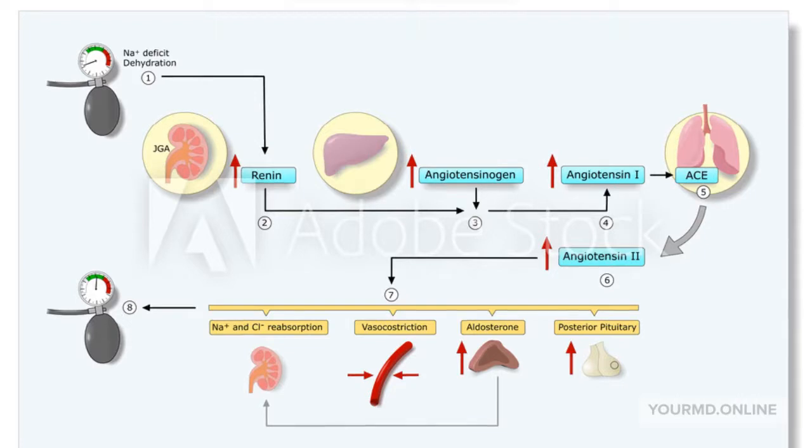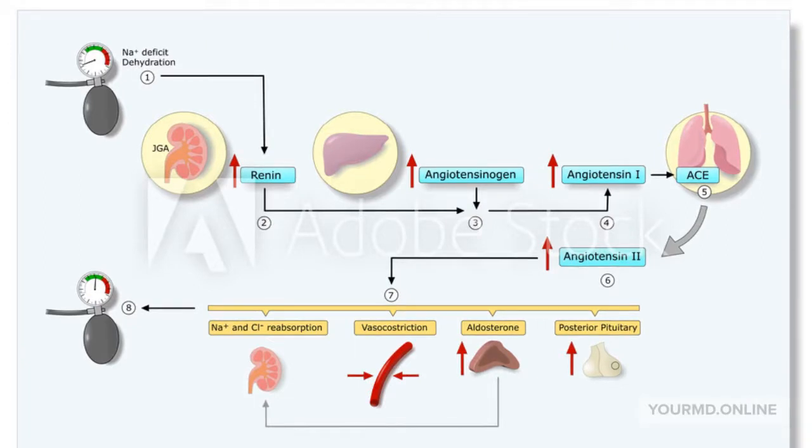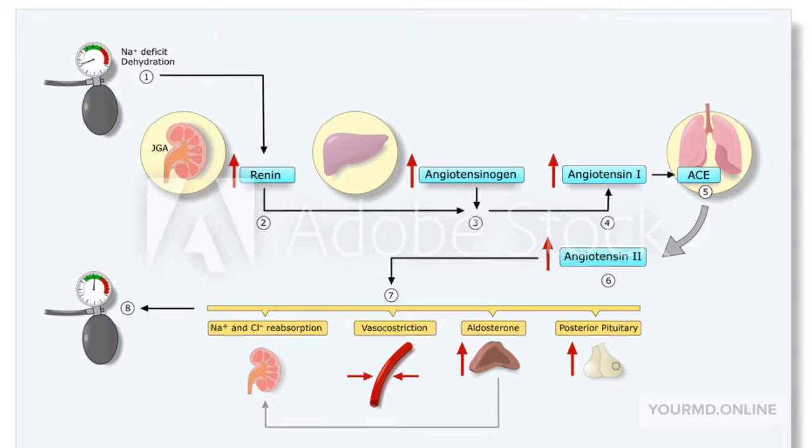Also, angiotensin II results in increased production of aldosterone, which is also responsible for increased vasoconstriction of the blood vessels, along with reabsorption of sodium, chloride, and stimulation of the posterior pituitary gland.